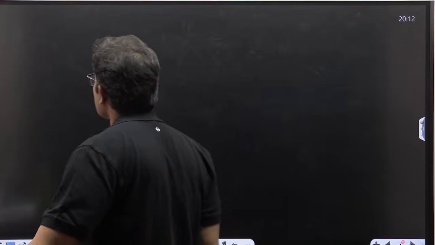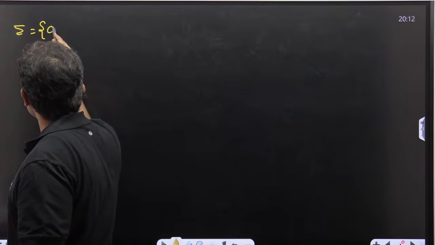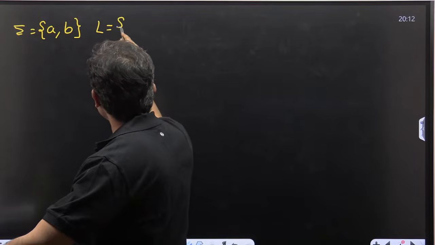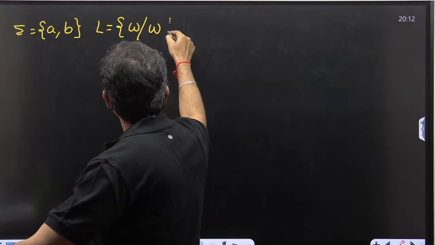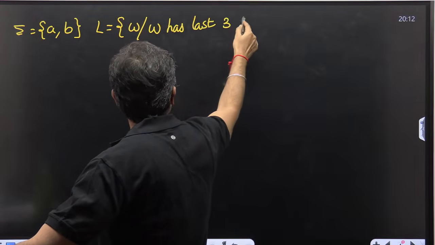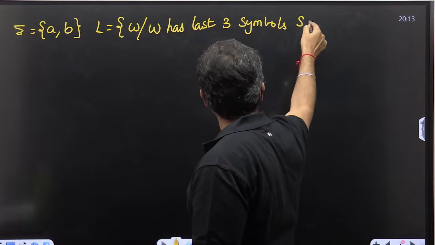So let us say sigma equal to {a, b}, and the language is the set of all strings w such that w has last 3 symbols same.